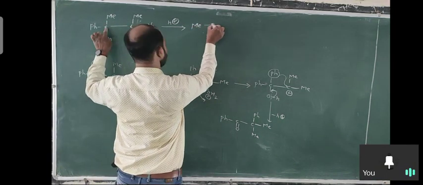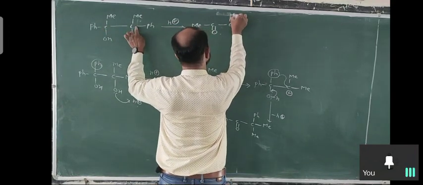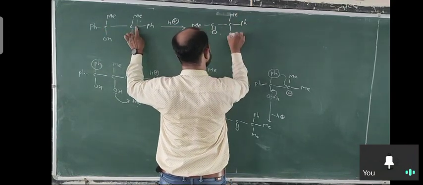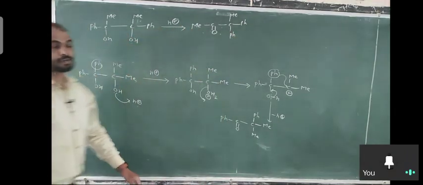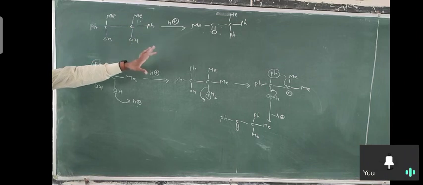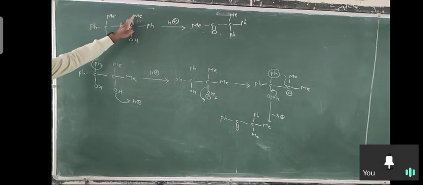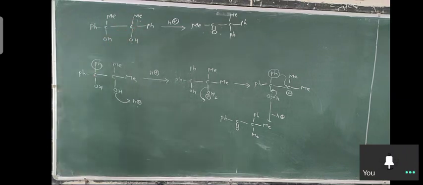This carbon is converted into carbonyl, the phenyl comes here. So Me, Ph is the product: Me carbonyl, then this carbon has methyl, phenyl and this phenyl. This way you can write the product.